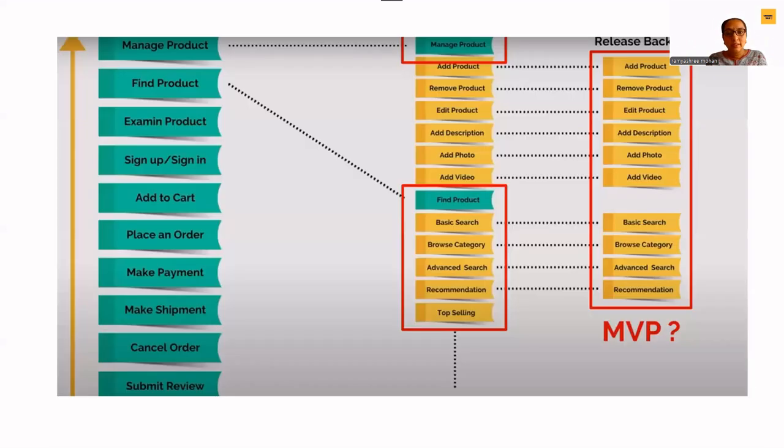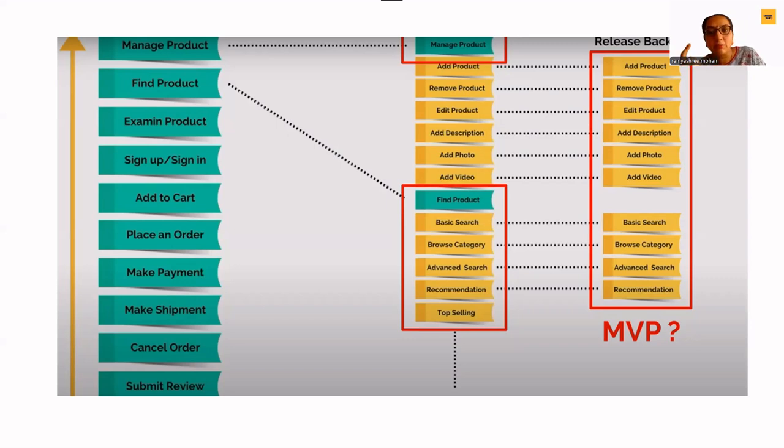See, for example, in our Lazada application, as you can see in the blue cards, there are so many features. But then we just talk about the manage product and the find product. Under manage product, what do you mean by managing something? You can add, you can delete, you can update. That is what we have done here.